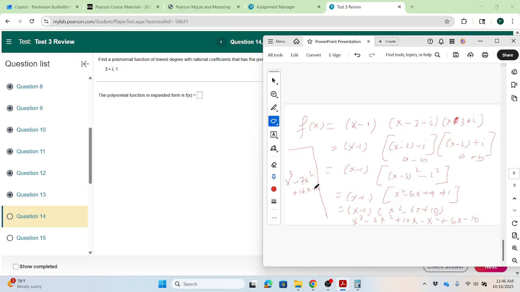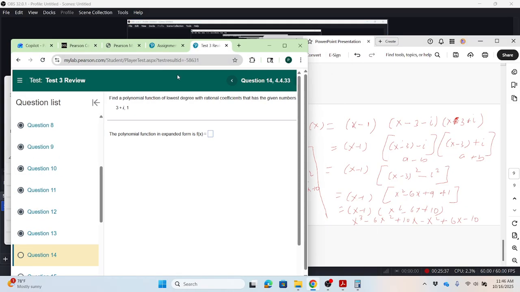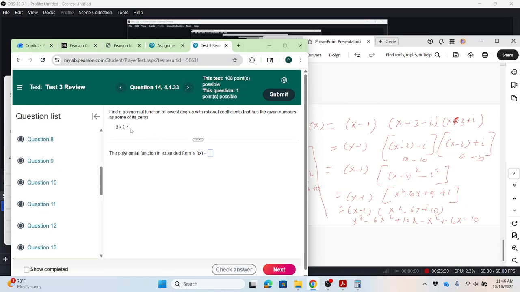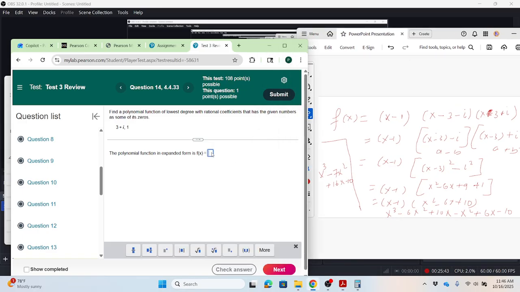So that is the polynomial in expanded form with these two zeros, and then there is another extra zero that comes from the conjugate property. So the answer, one of the polynomials, would be x cubed minus 7x squared plus 16x minus 10. This is one of the polynomials.